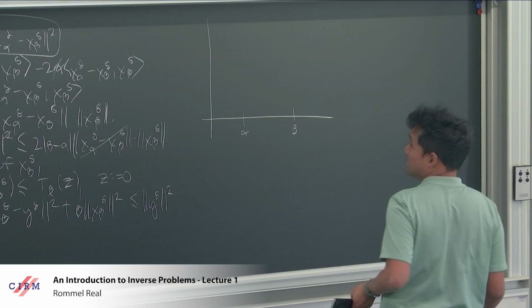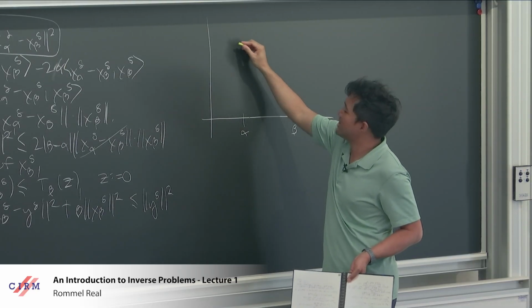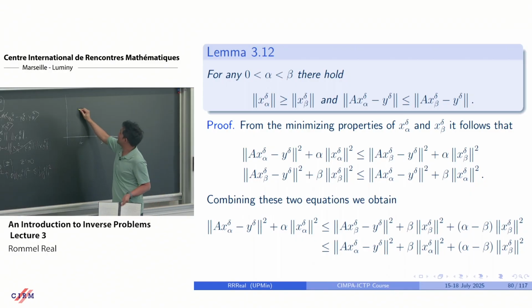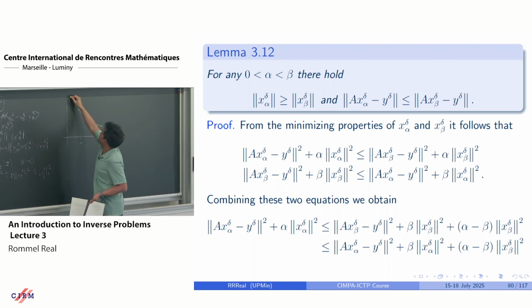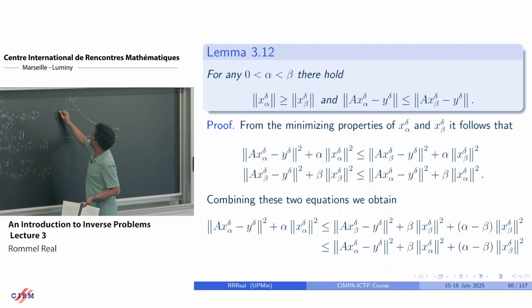If you plot the norm of x sub alpha delta, then this tells us that the norm of x alpha delta is greater than the norm of x beta delta, so you can think of a plot like this.